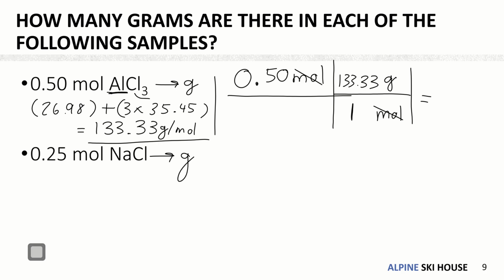I can calculate 0.50 times 133.33. I get an answer of 66.665 grams. But I need to do sig figs. I don't ever use conversion factors, so we don't care about the sig figs of the molar mass, just like we did with 22.4 and 6.022.